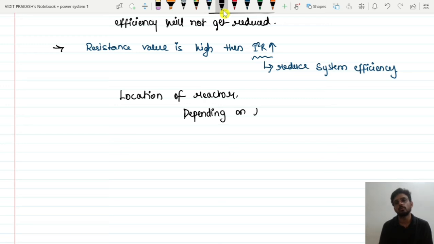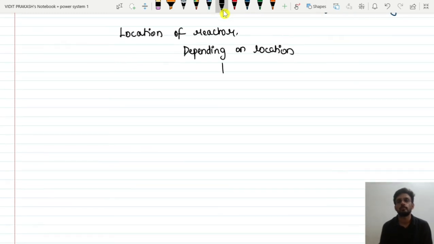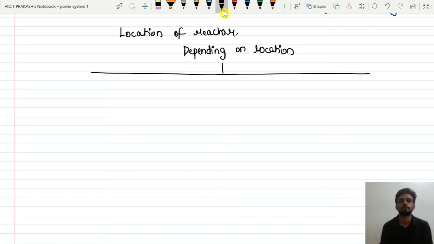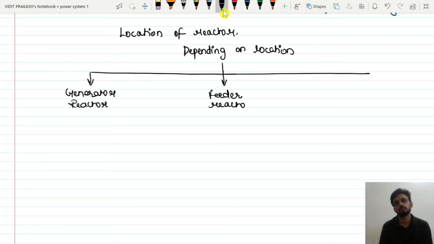Depending on location, we have generator reactor, feeder reactor, and bus bar reactor.